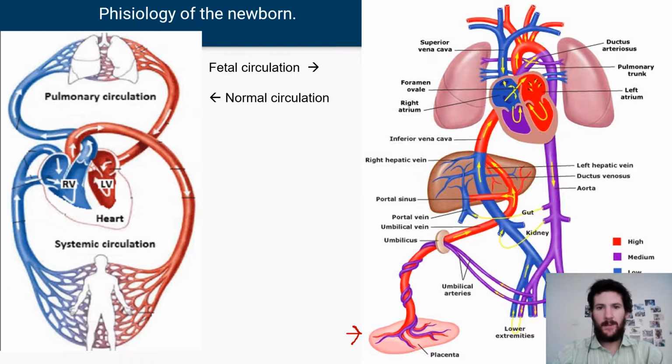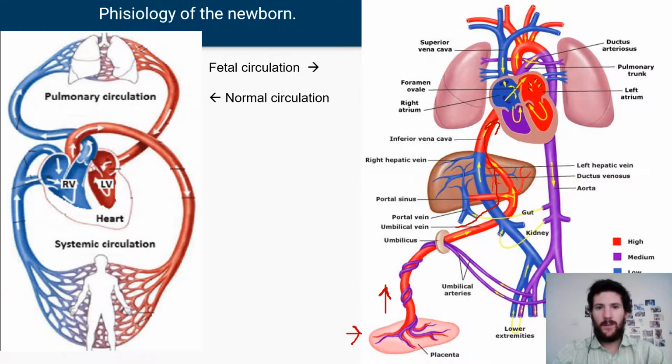The oxygenated blood comes from the placenta through the umbilical vein, and goes this way until it reaches the heart.